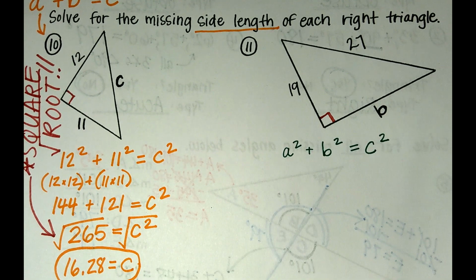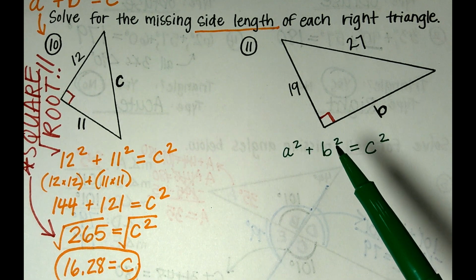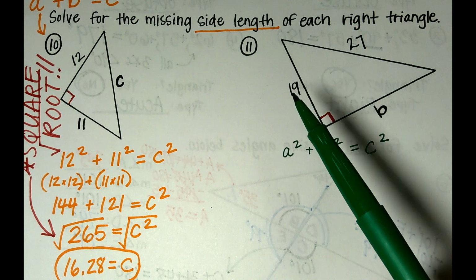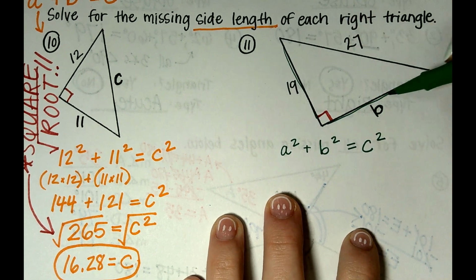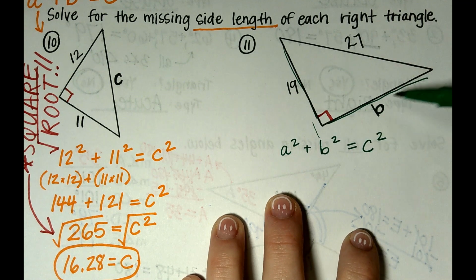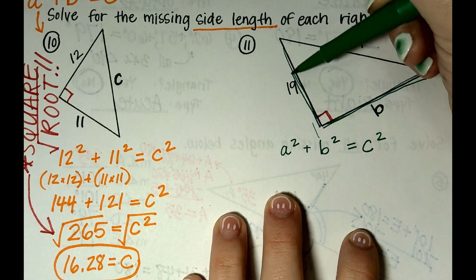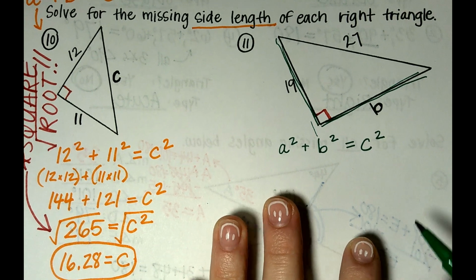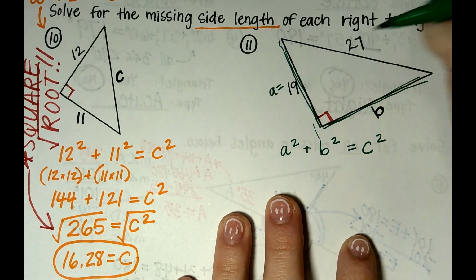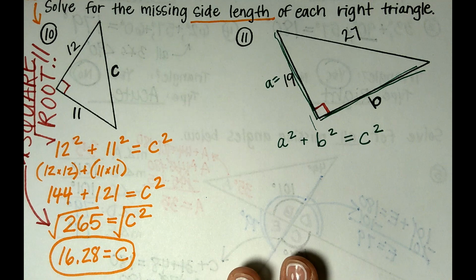Which number would be A? 19. Yes. Remember, A and B are the legs of the triangle. A and B are the two lines that make up the 90-degree angle. So I'm going to write A next to 19, and we'll plug that in.